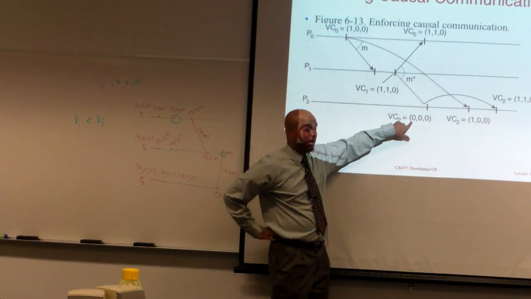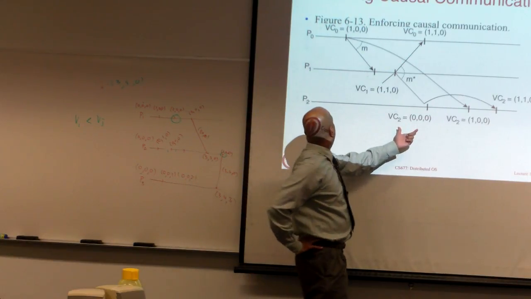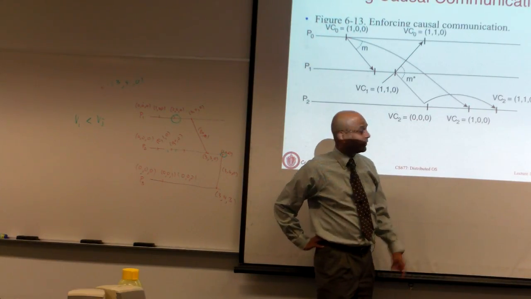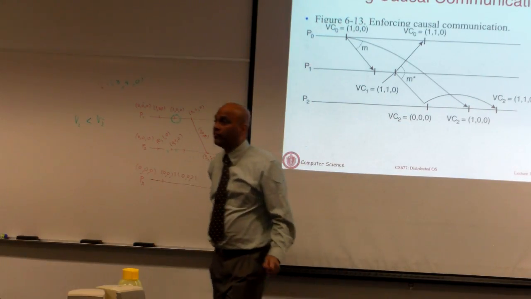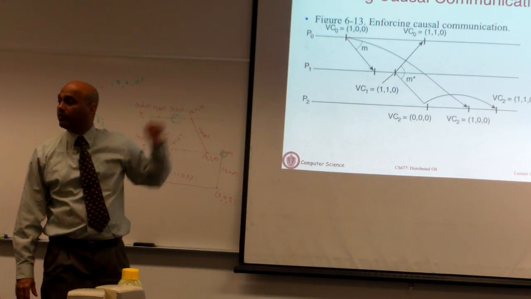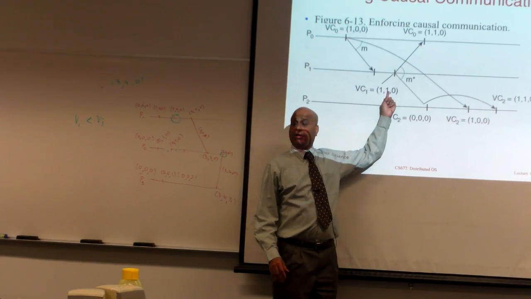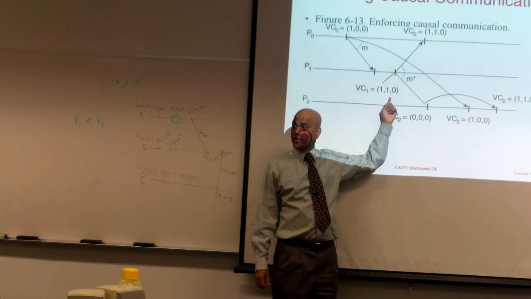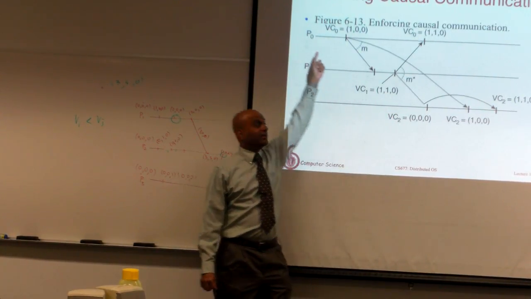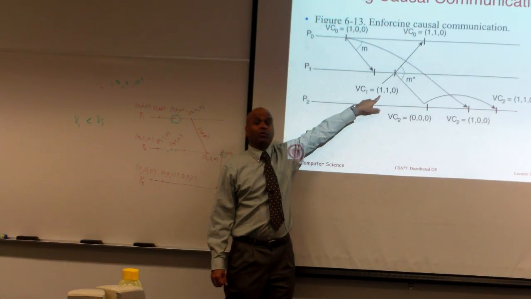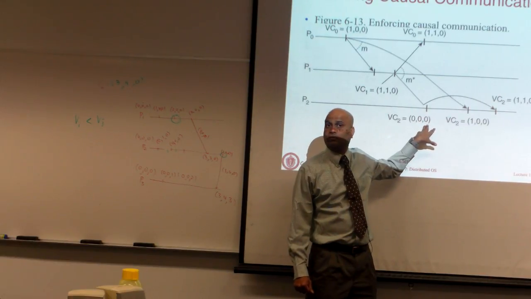Okay, so in this case, what has happened, just to elaborate on your question, the clock value at P2 is still 0, 0, 0. A message arrives with a clock value 1, 1, 0 from P1. So this tells P2 that P1 has sent a message, that's why it has a value of 1. But it also tells you that P1 has already received a message from P0, which is why its local clock has already advanced to 1, but you haven't seen it yet.